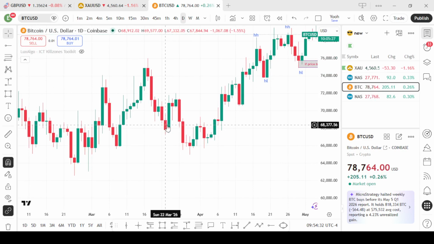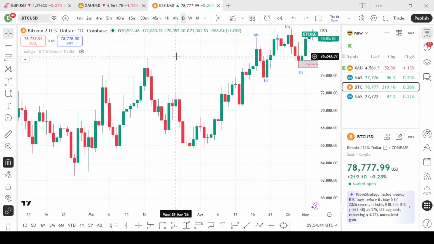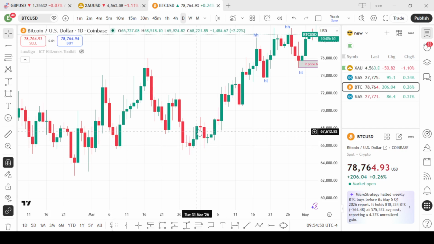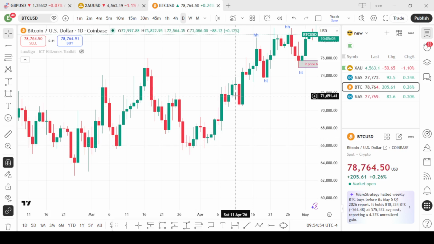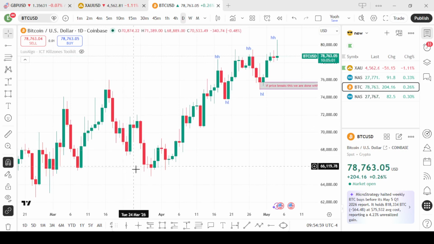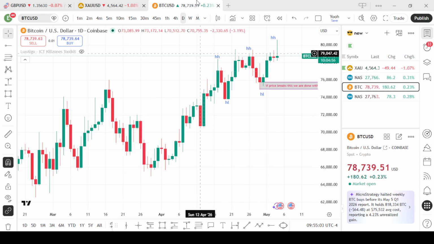Here it gave us a higher high, but it failed to meet this, and then made a lower low, came back here and continued. So these are the areas where you need more confirmation on whether the trend has ended.